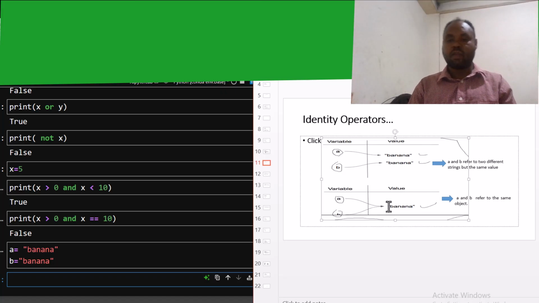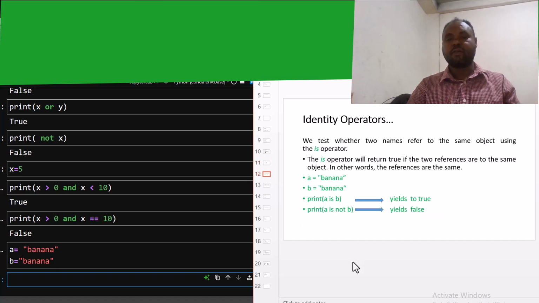So if this banana is assigned to two references, Python checks whether these two names refer to the same object using the is operator. Now the is operator will return true if the two references are to the same object.